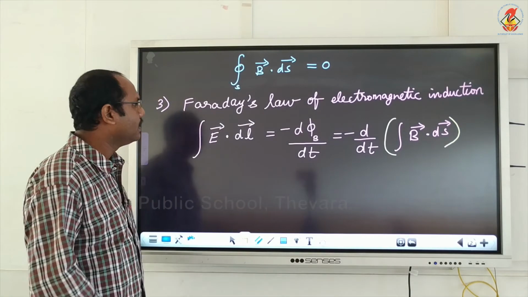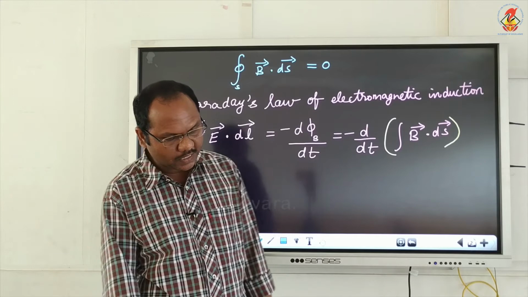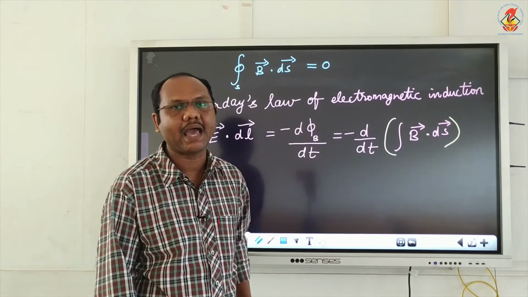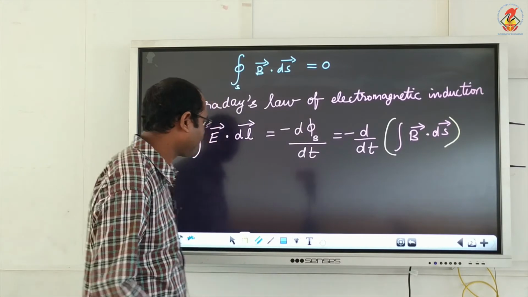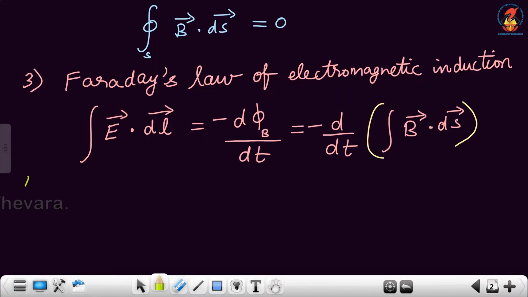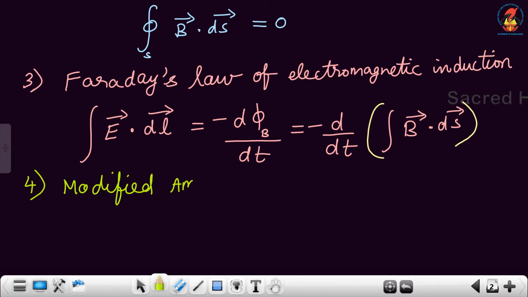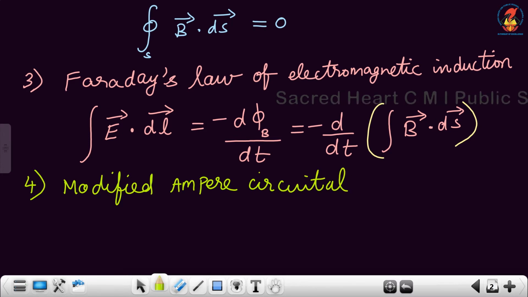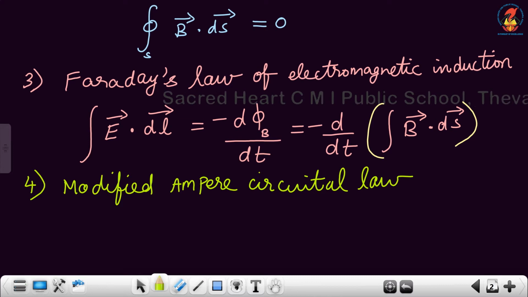Now, the fourth Maxwell's equation is called modified Ampere circuital law.